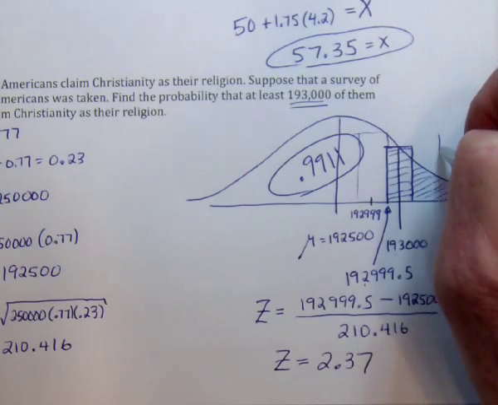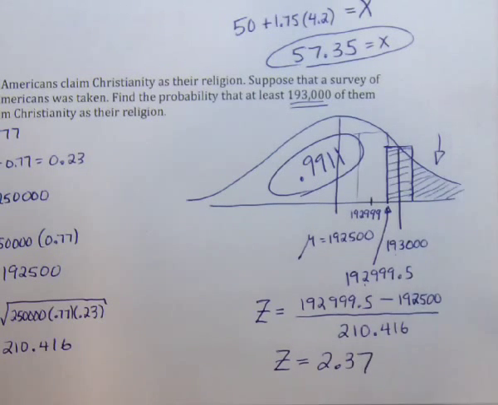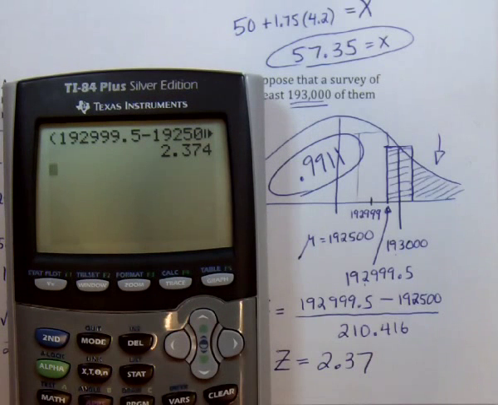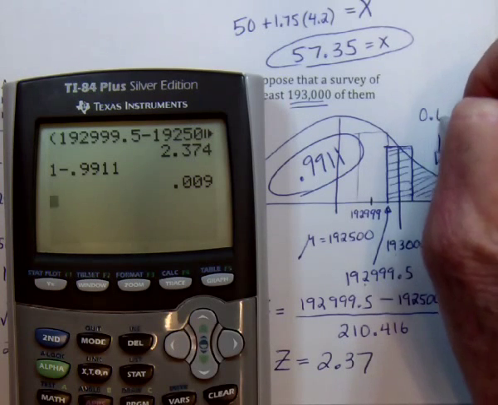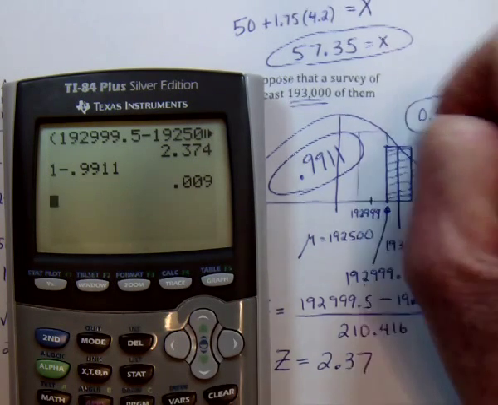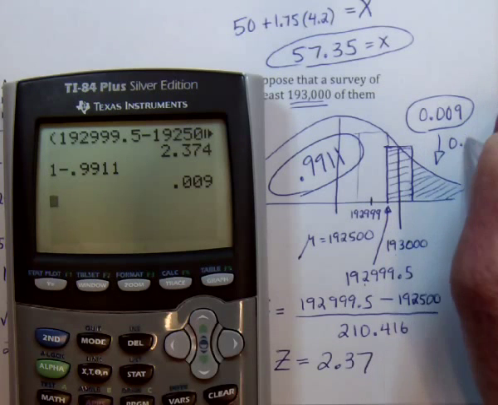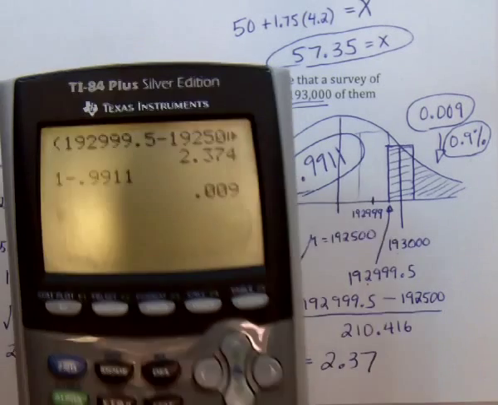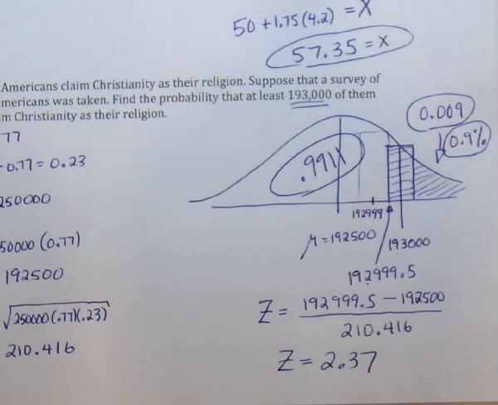So that means that this side is going to be 1 minus that. 1 minus 0.9911. So 0.009, or just less than 1%, 0.9%. All right, that's it. We're done with chapter 6.